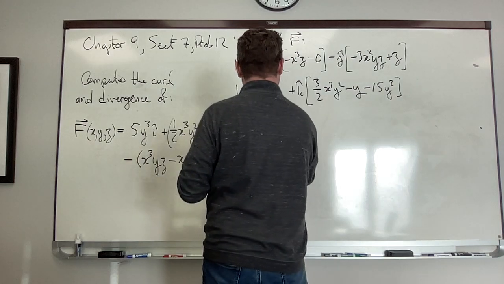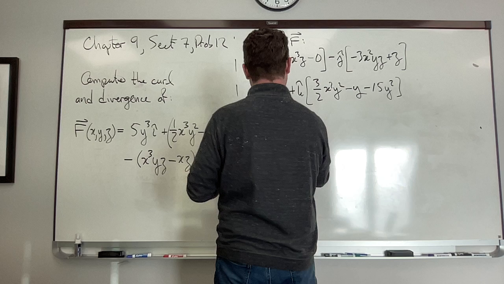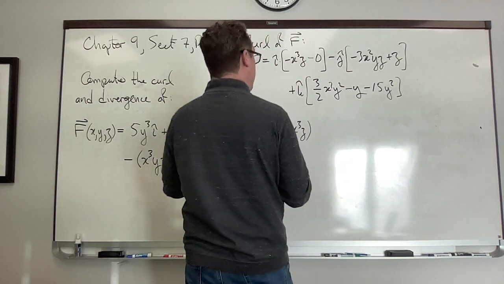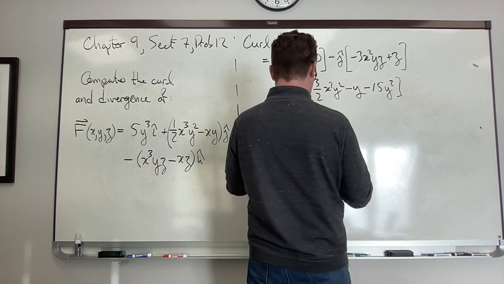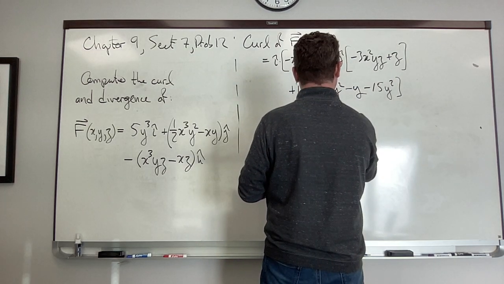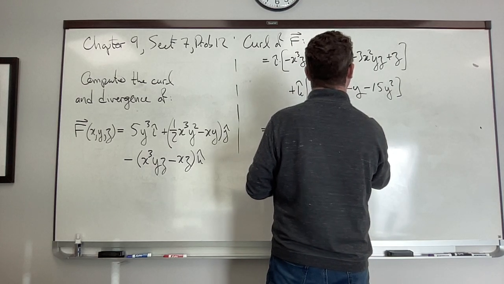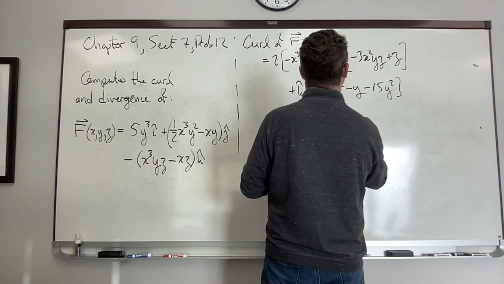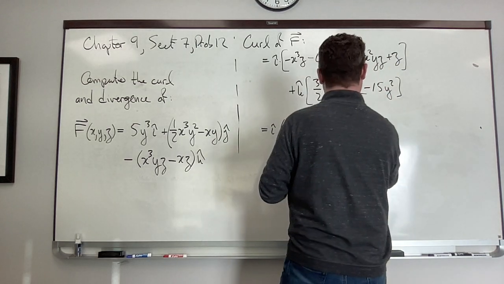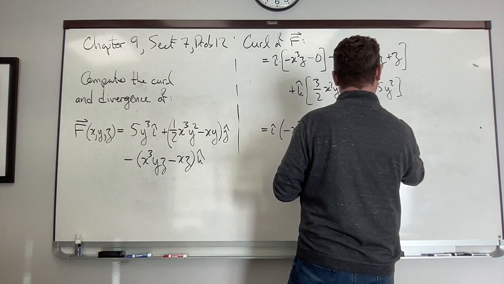So this equals i, and I've got minus x cubed z. Now I've got, sure, I'll change the sign, plus j, 3x squared yz minus z.